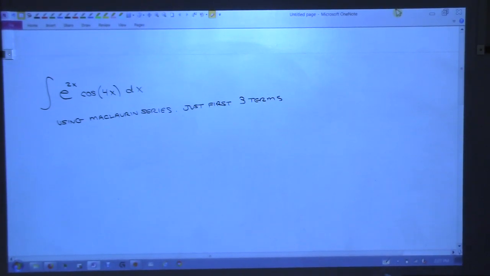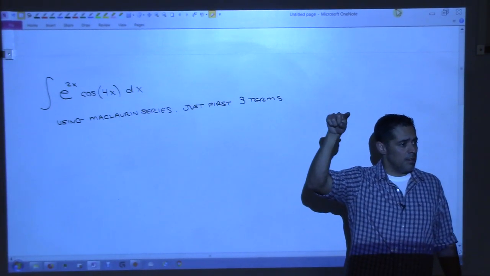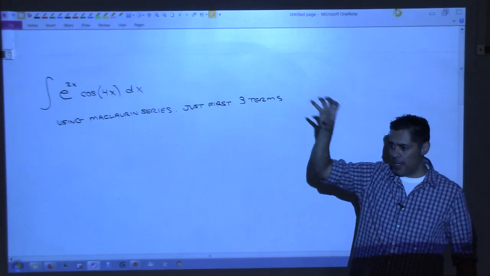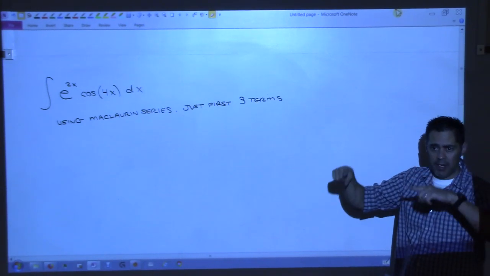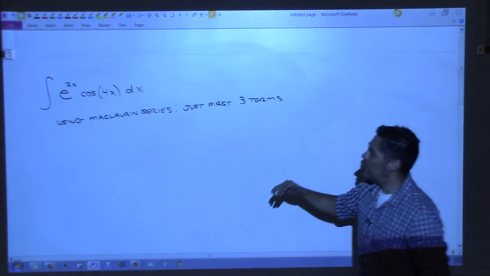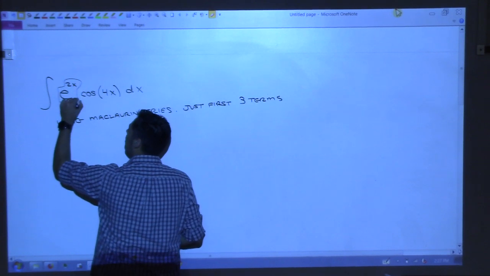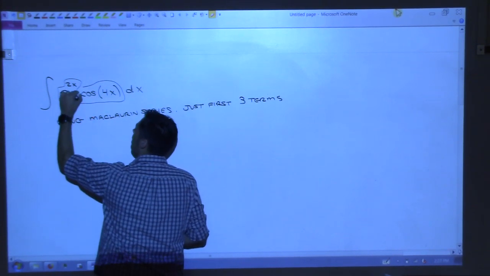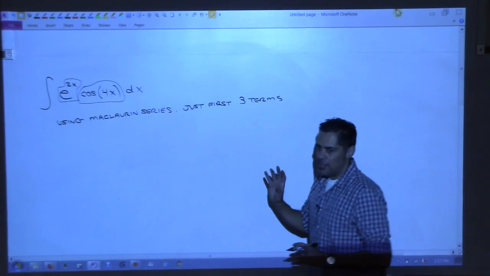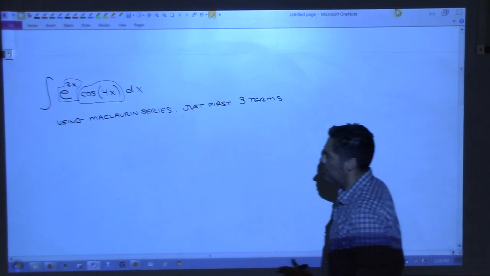This is kind of like the problem we just did, where we did e to the negative x squared. Didn't we use the formula for e to the x, write it out and then integrate it? You're allowed to do that here. You can use the formulas, but I have to use 2 formulas, the formula for this and then the formula for this separately. This is going to be messy, all right? But let me show you the idea here.